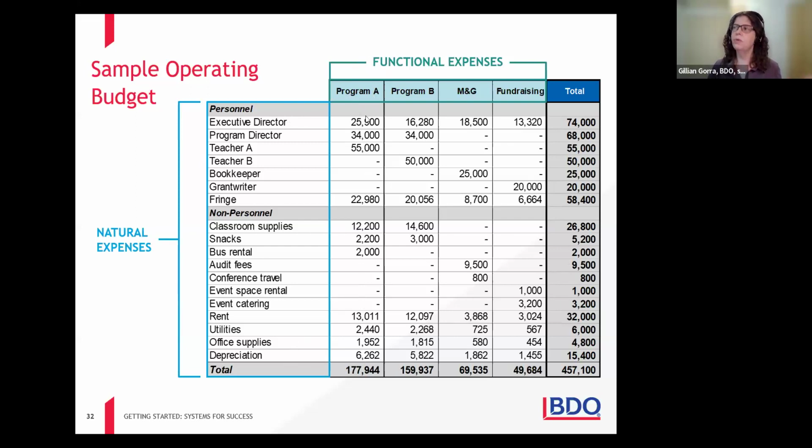So we really want to keep these columns just defining our programs, not our funders. Same here. We don't have something that says program A bus rental, because we can see it in this column. It's matrixed that way. We don't necessarily need to duplicate it in our accounts. So natural expenses, functional expenses, right? Let me know if you have questions about this.